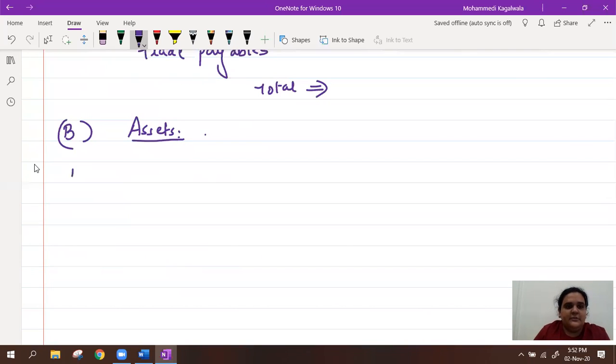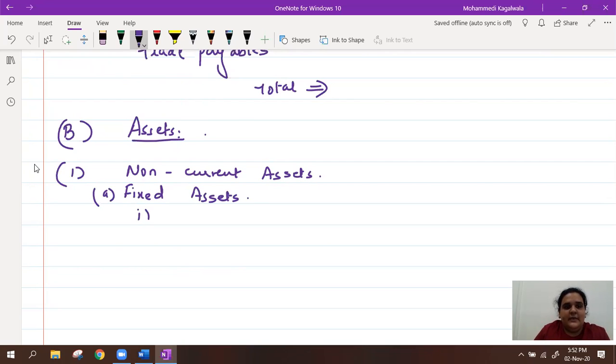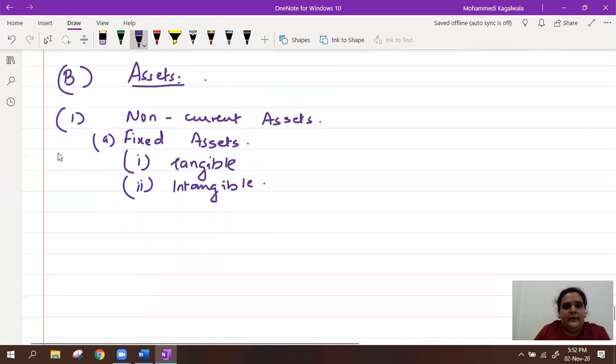In assets, the first one we have non-current assets. In non-current assets, first we have fixed assets. In fixed assets, we have tangible, intangible. And we also have non-current investments.